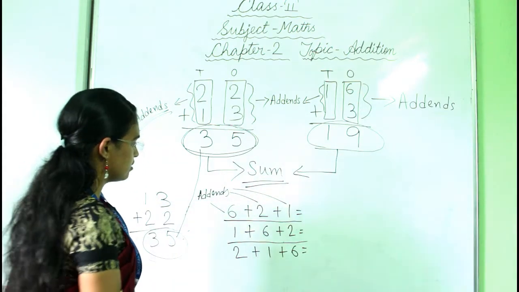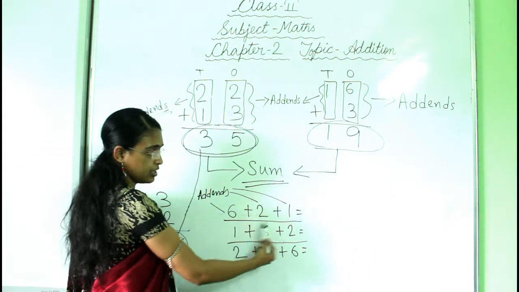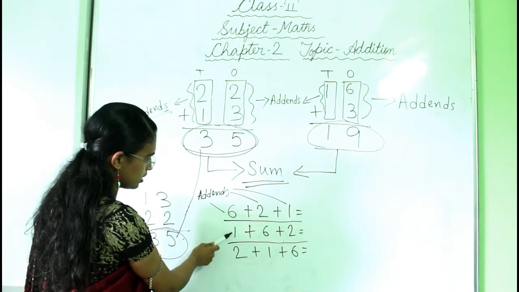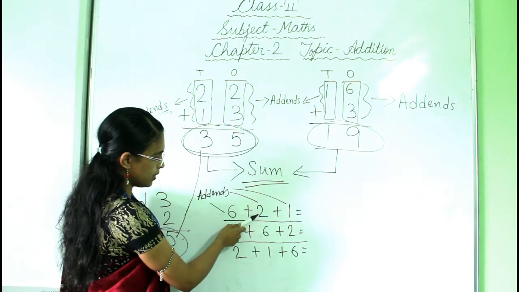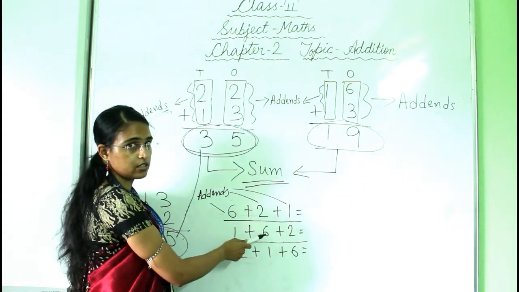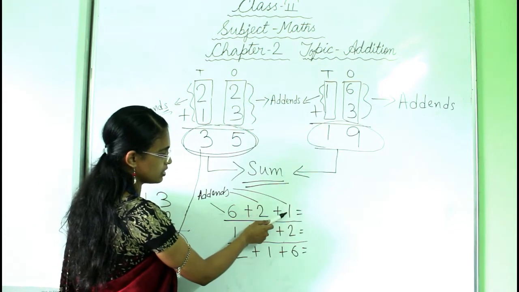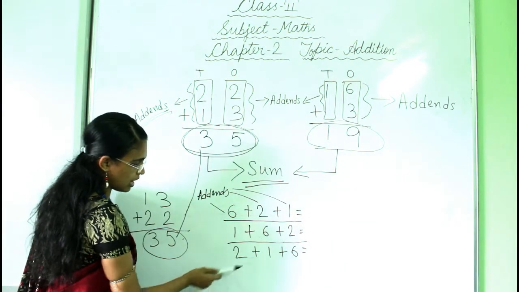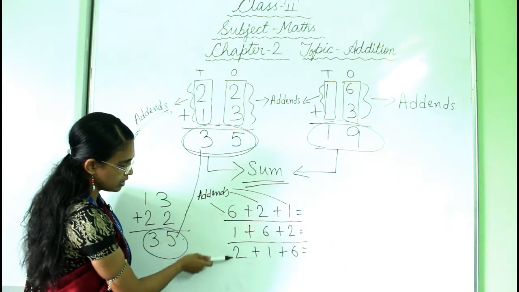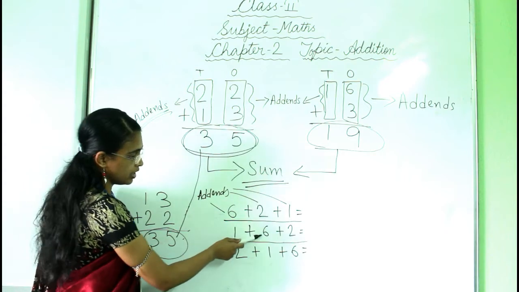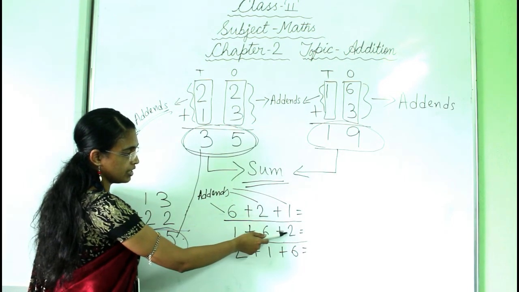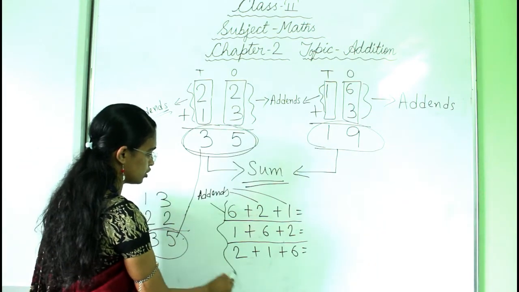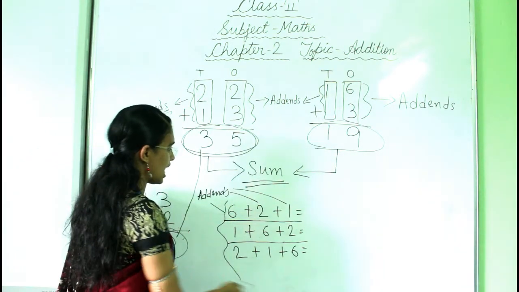So what I have done is I have changed their place. Look, in first place here it is written 6, but here it is written 1. In second place it is written 2, but in this place it is written 6. And in the last one it is written 1, and here it is written 2. So I have changed the place of the addends.